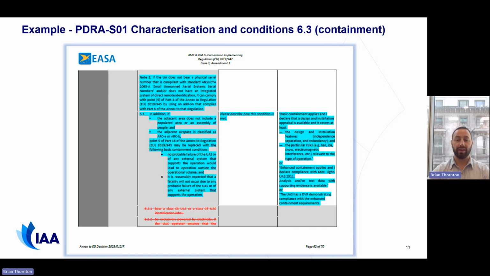And relating to containment, we have prescribed requirements for applicants and operators to meet basic and/or enhanced containment depending on how you conduct your operation. This is just an example. This is prescribed for STS-01, STS-02, and for all the different flavors of PDRA. Okay, so you go to the regulation and you see what the containment requirements are within that.